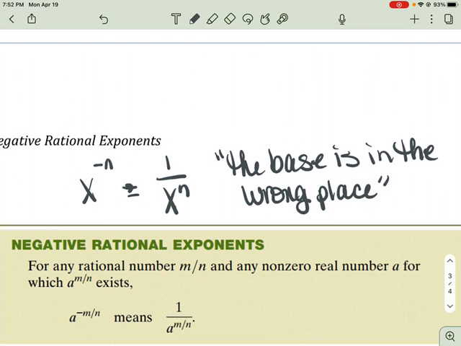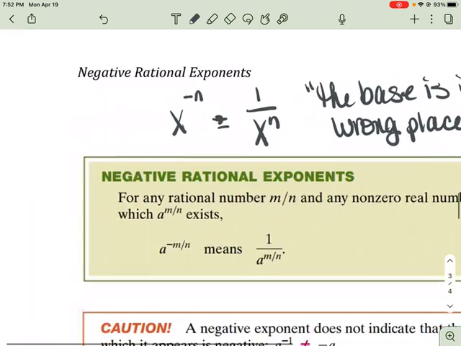So that means we're going to move the base and make it a fraction. Don't get confused between making it a fraction and a fractional exponent. You're just going to move it from where it is and put one over it, or flip it upside down.